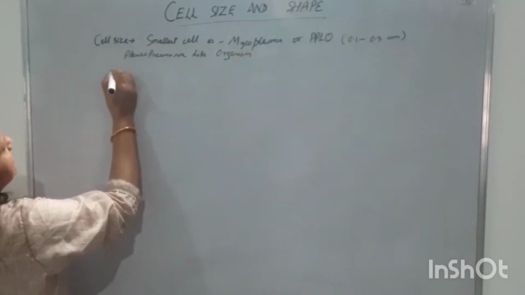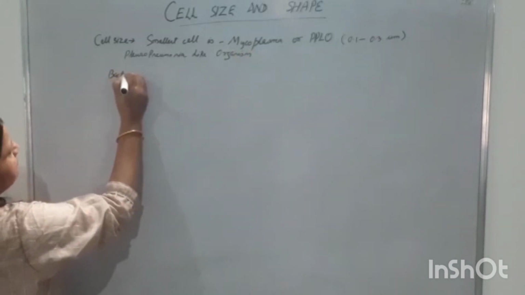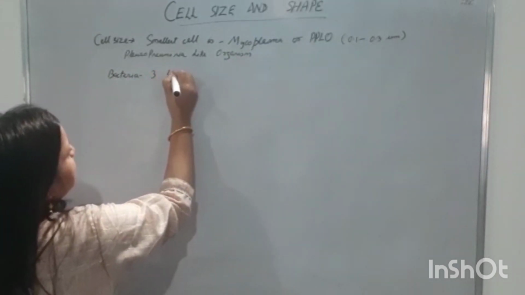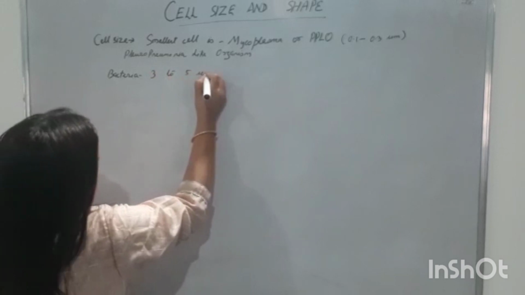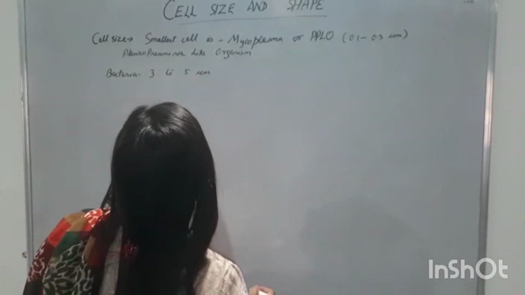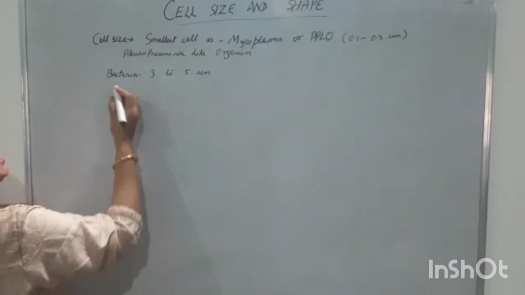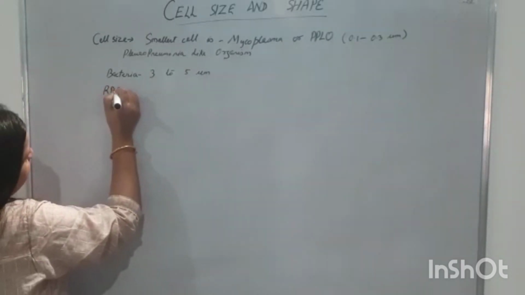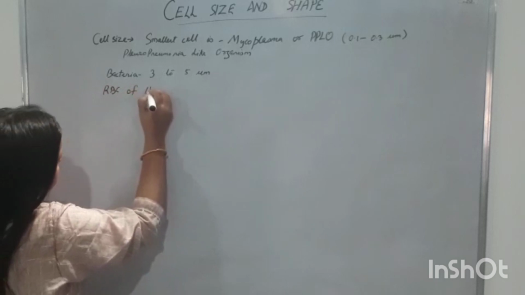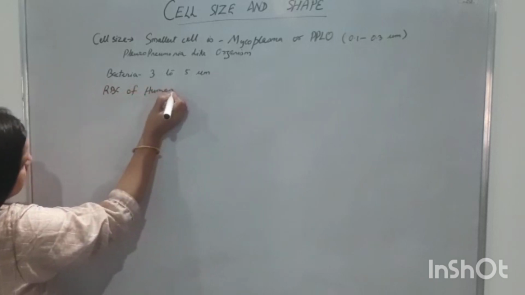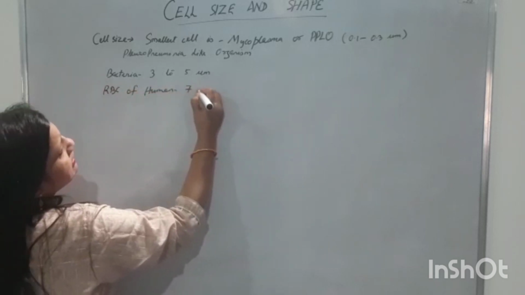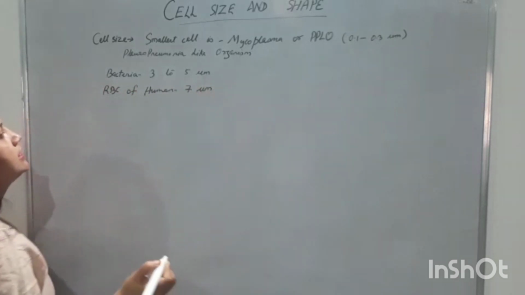Then the size of bacteria. Size of bacteria ranges from 3 to 5 micrometer. Bacteria also come under prokaryotic. RBC of human, red blood cell of human, is 7 micrometer.